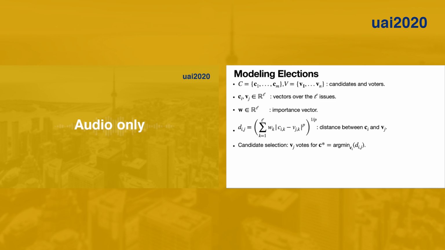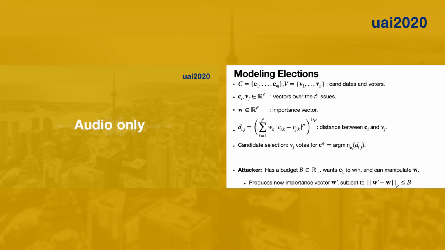The voters are going to pick the candidate that's closest to them. So here, voter J will just vote for the candidate that's the argmin of the distances. We also have an attacker who's going to have a budget, and the attacker has a desired candidate. Let's just say that it's candidate 1, and they're able to manipulate the significance of issues by altering W with the hope of making candidate 1 win.